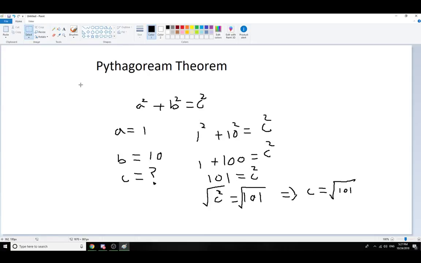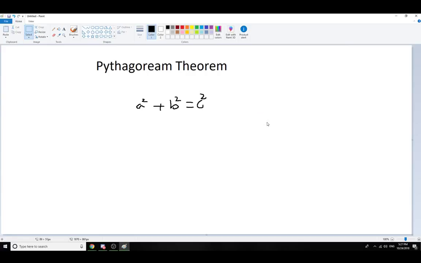Alrighty. Next, let's focus on if you don't know an A or a B, but you have C instead. Well, how would you do that? So let's say we have A equals 3. Why not?